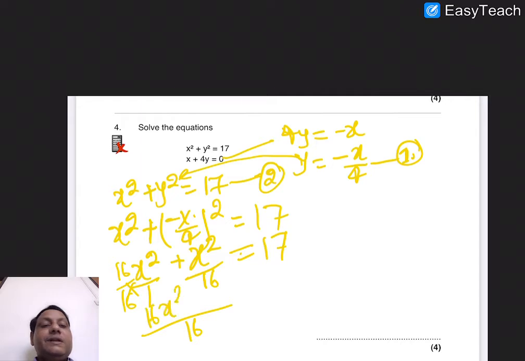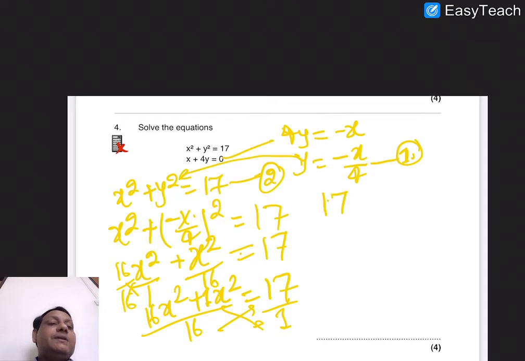So here 16x square plus 1x square is equal to 17. Now we can do cross multiplication. 16 plus 1 is 17, right? And x square over 16 is equal to 17.